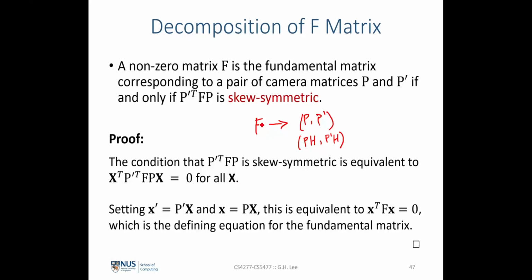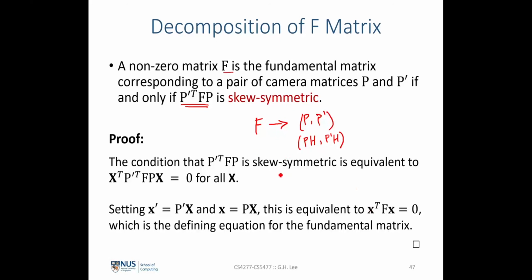But before we do this, we need to specify this particular relation, that a non-zero fundamental matrix F over here corresponds to a pair of camera matrices P and P prime, if and only if this relation here is skew symmetric. We can see that this is true from the following proof over here.